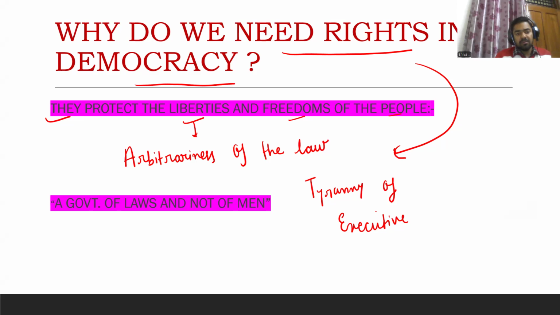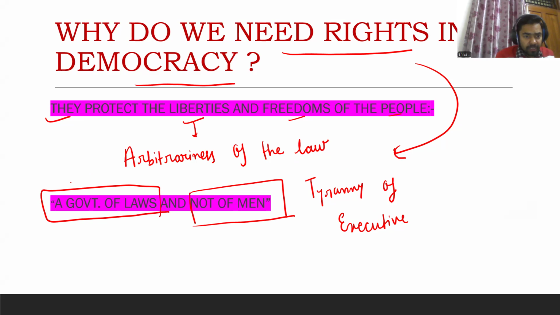It prevents the majority domination over the minority. So the main aim is to establish the idea of political democracy, to restore the government of laws. Very, very important. To establish the government of laws and not of the man.